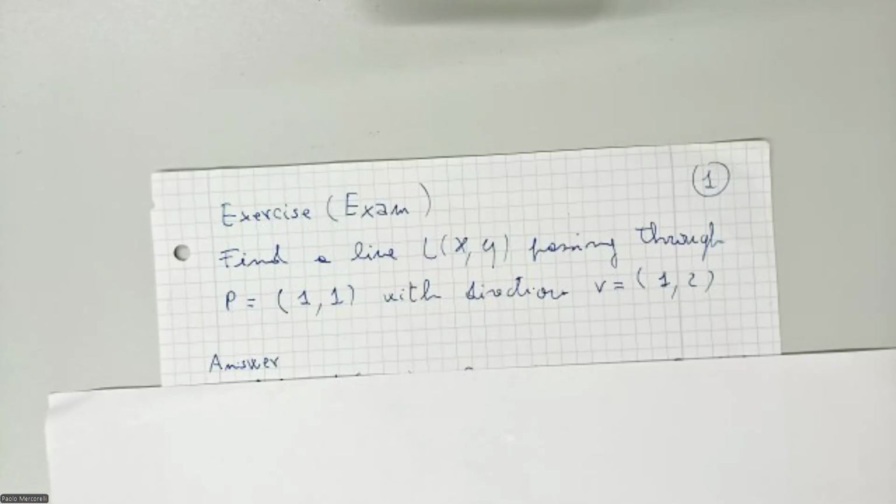I didn't put this formalism, but it's implicit when I write L of x, comma y. This means the line is in the space of dimension 2. Of course, I can consider also a line in a space of dimension 3. We did this, I think, last time. If I have another example, I will try to do it.